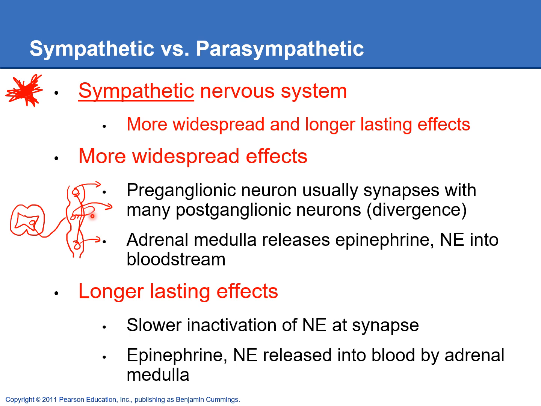And this preganglionic neuron has several collateral axons that will go up and down the sympathetic chain. So it doesn't just synapse with one postganglionic neuron, but with many. It can actually synapse with, on average, about 17 postganglionic neurons.